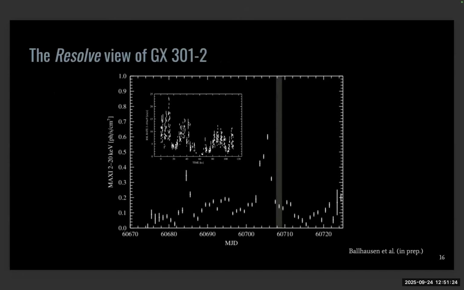So this system was observed as part of the GTO program, close to a flare that happens basically close to every periastron passage.